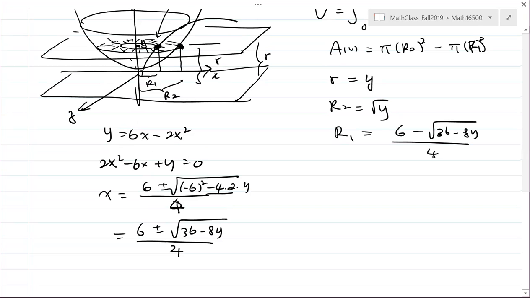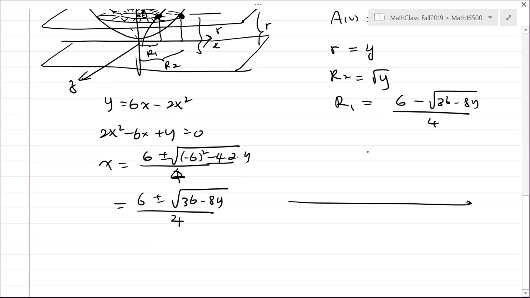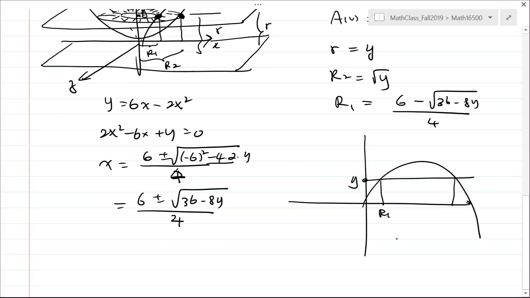For the fixed y, let's look at the two-dimensional picture. It's maybe much easier. This is the y value, and this is R1. Here's another one. When you solve y equals 6x minus 2x squared for the fixed y, you are going to get 2 solutions, plus or minus.